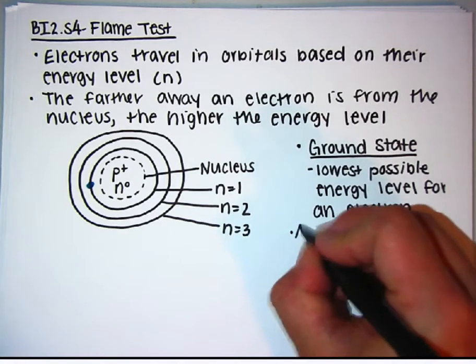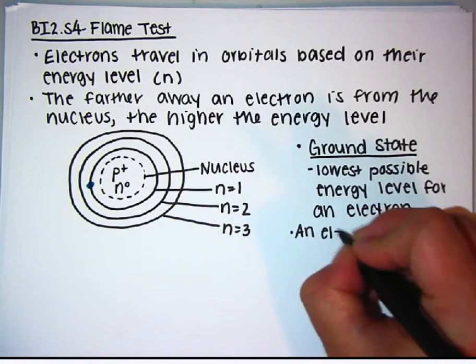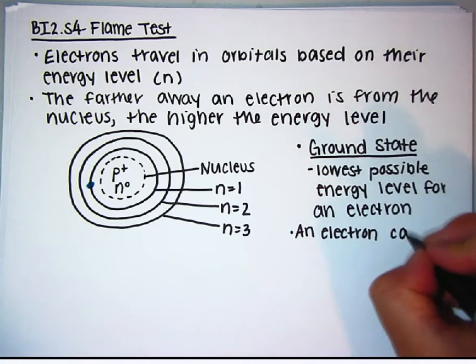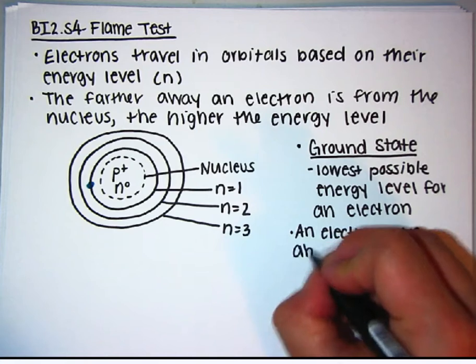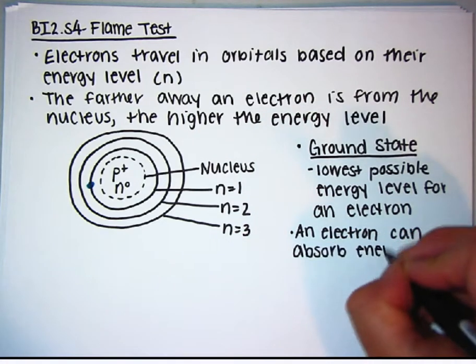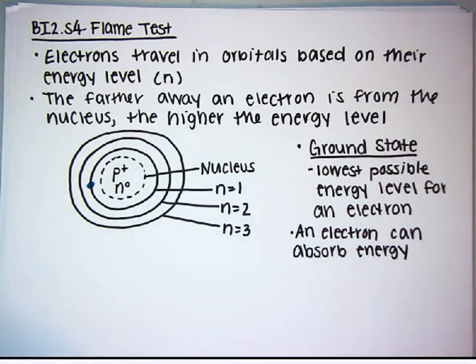Well, what happens is an electron can absorb energy. And what I mean by absorb is it can gain energy. We can energize an electron by heating it up, for example. If we were to heat up an atom, that electron would absorb some of that heat energy.